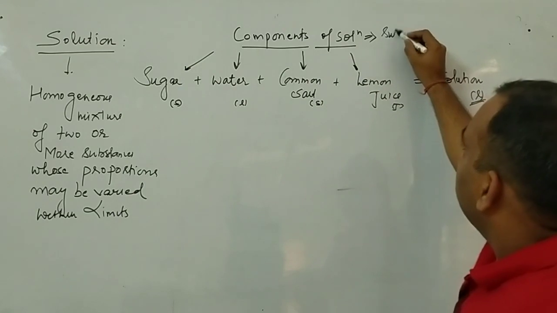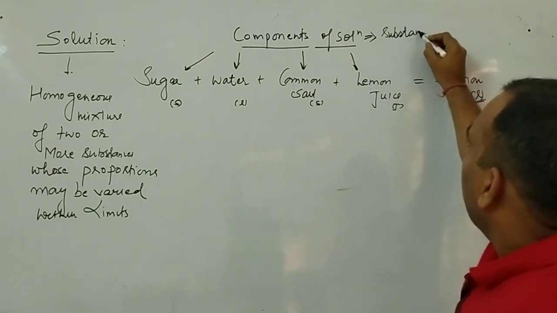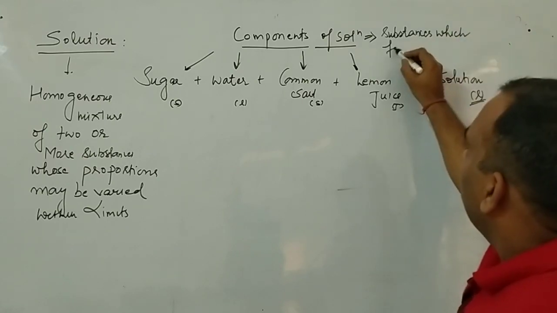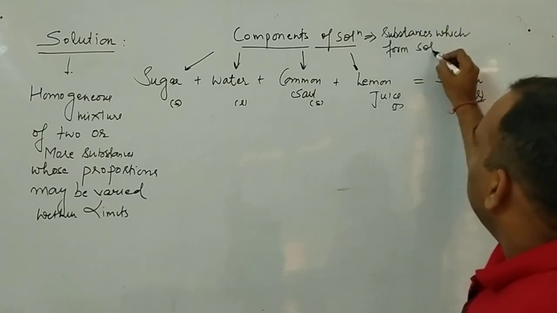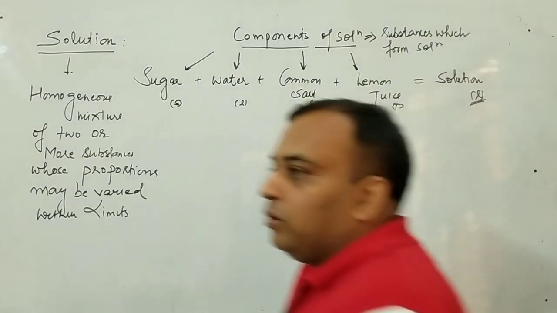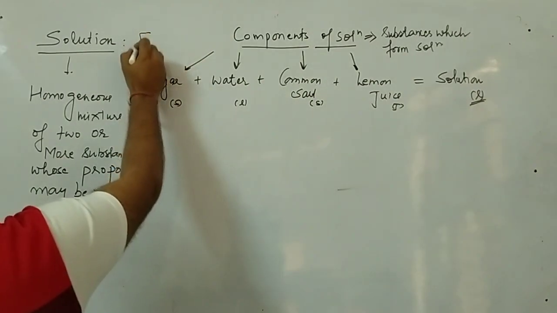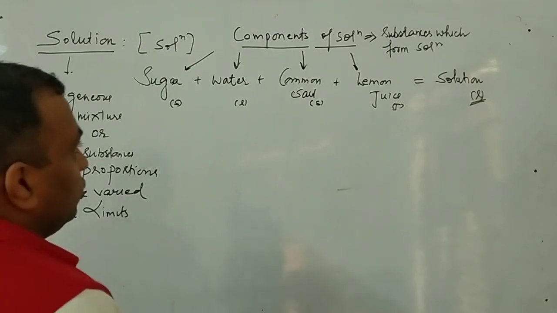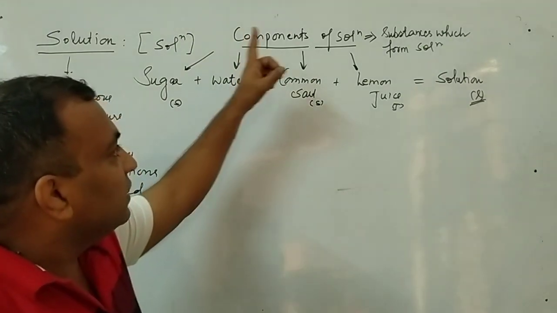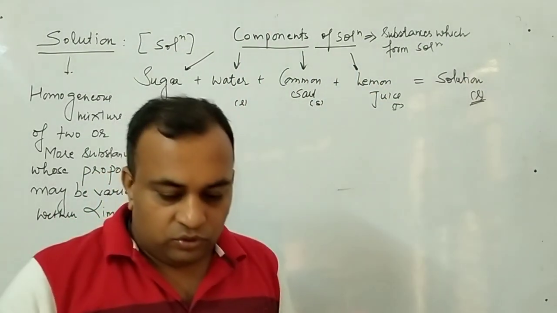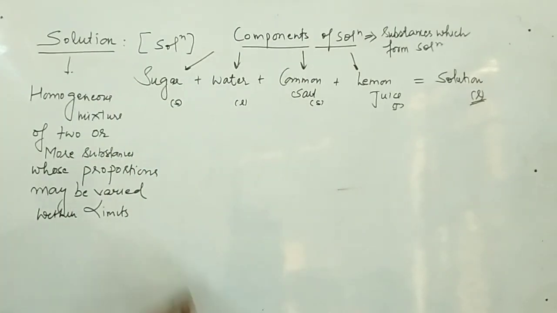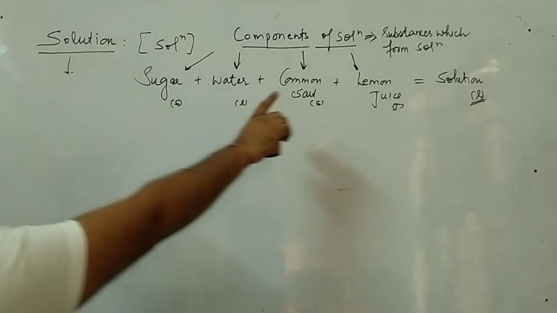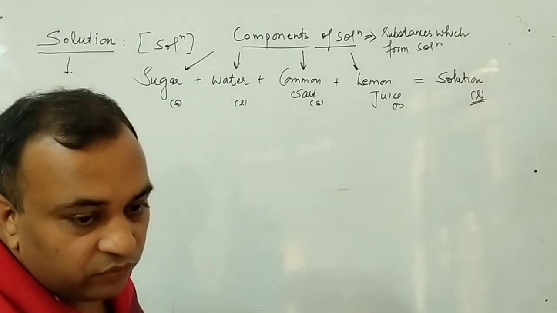These are the substances which form the solution. The short form of solution we can simply write as SOL with N on the upper side. So what do you mean by components? These are the substances which form the solution. So two things, students, we have done: the definition of solution, and some information regarding the components of solution.